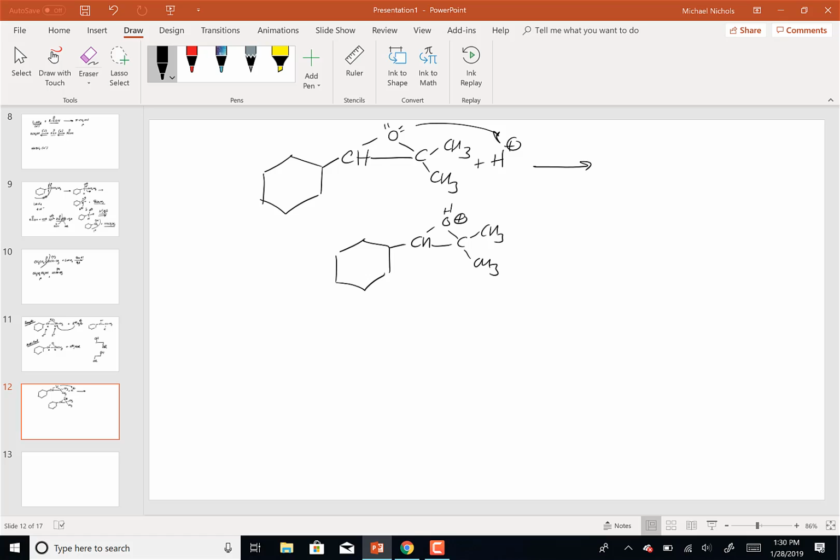So what is it going to do? Short of rearranging, short of breaking a bond, what's it going to do?